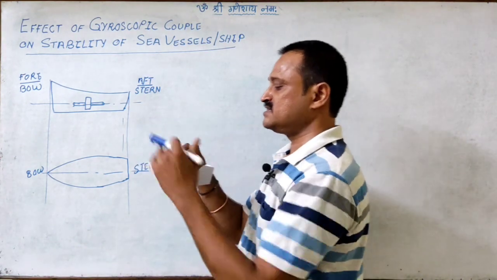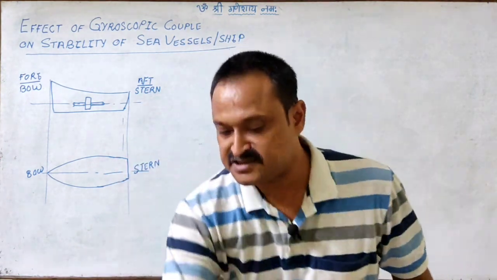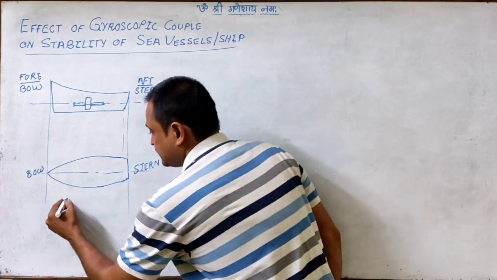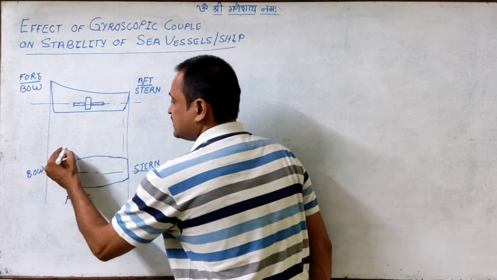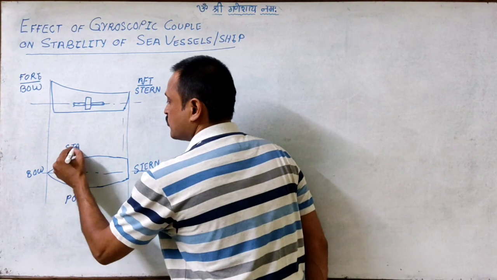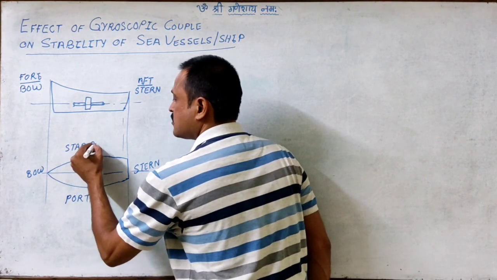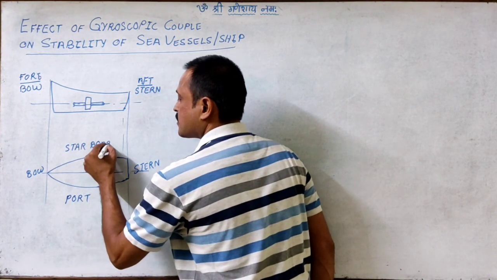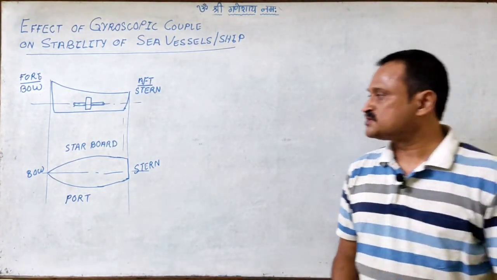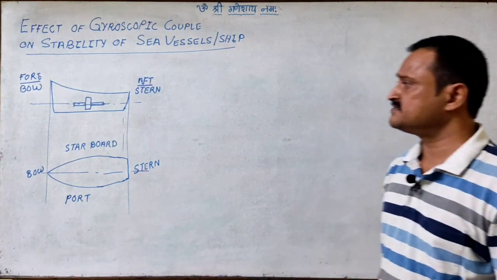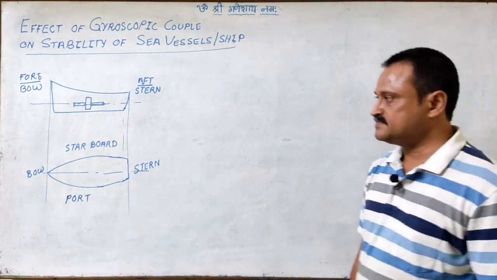So when we are facing the front, the left side is called the port side and the right side is called the starboard. So these are the terminologies which are used when we are dealing with ships.